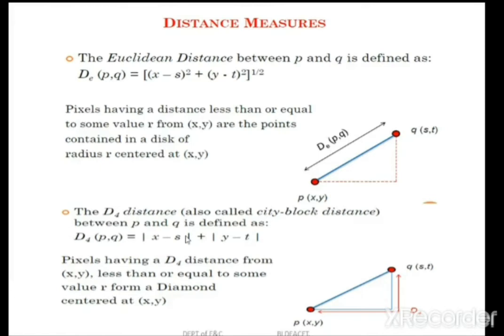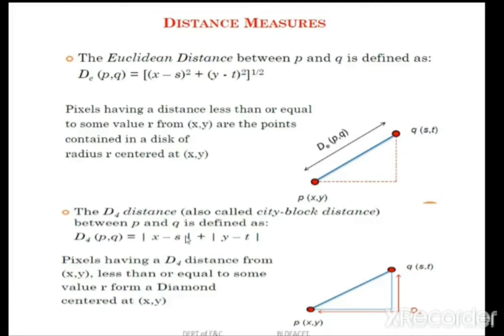Now the Euclidean distance between the 2 pixels P and Q is given as dE of P, Q. That small letter E indicates Euclidean distance. It is given by the square root of (x minus s) squared plus (y minus t) squared. Remember x, y are the location of pixel P, and s, t is the location of pixel Q.